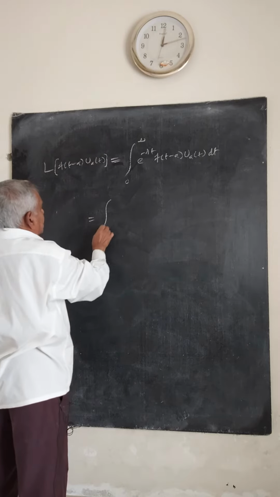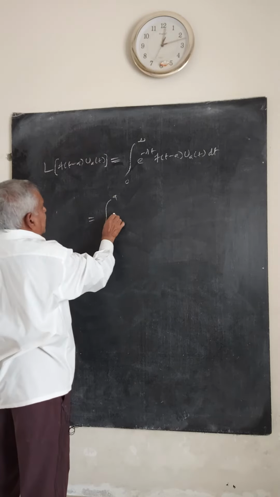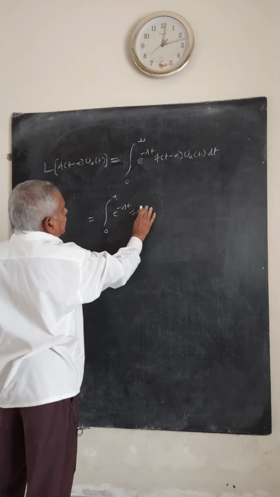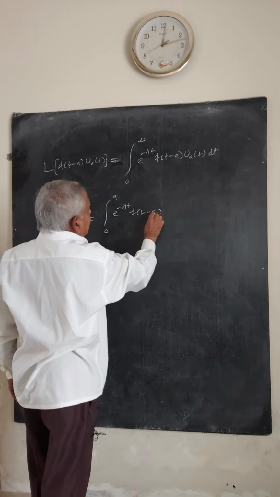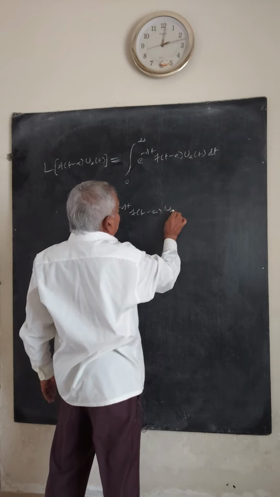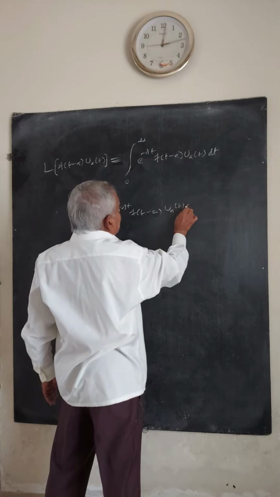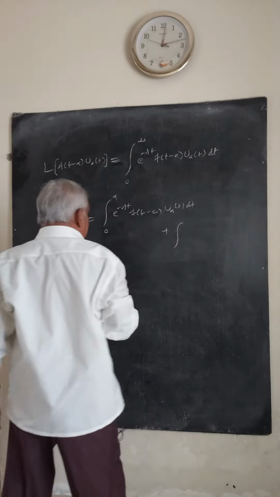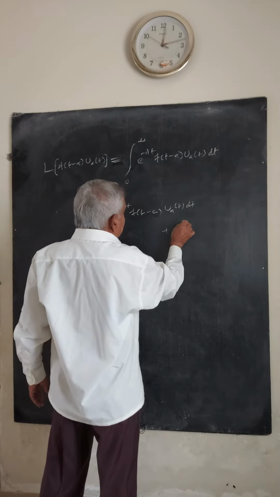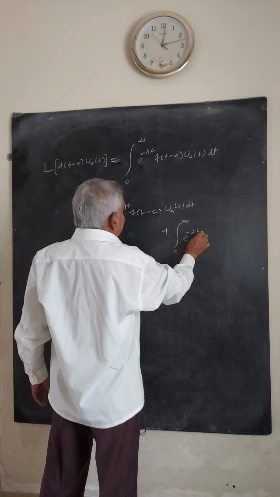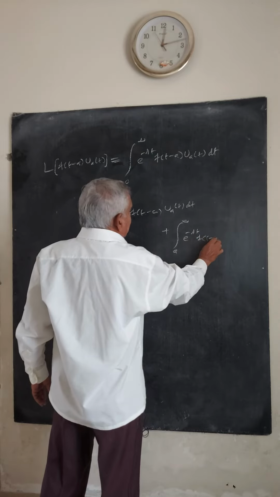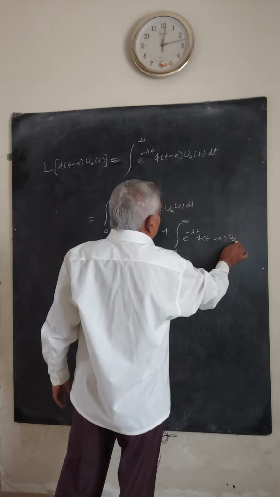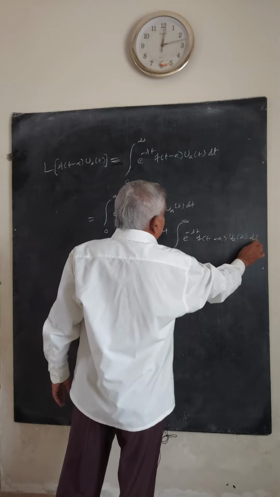Split into 2: the integral from 0 to a of e^(-st) f(t minus a) u_a(t) dt plus the integral from a to infinity of e^(-st) f(t minus a) u_a(t) dt.